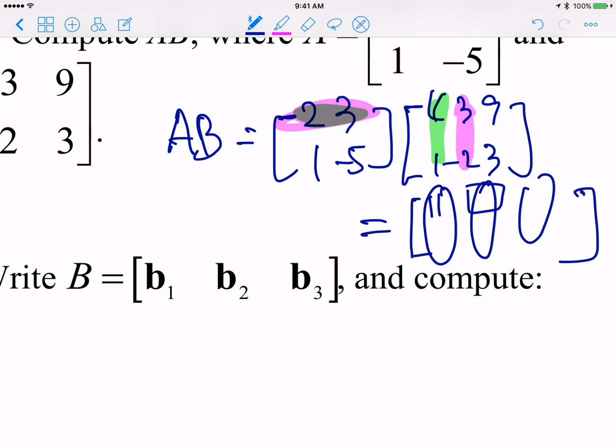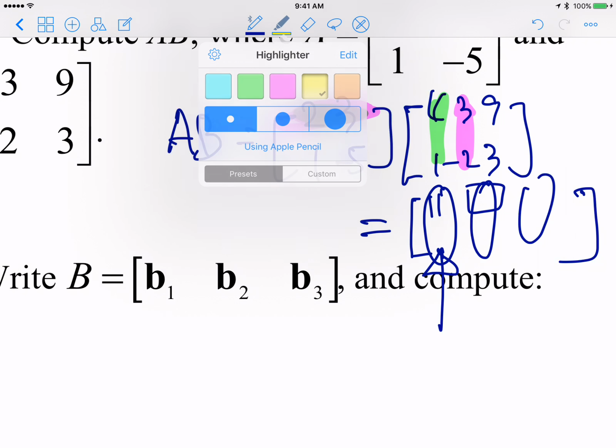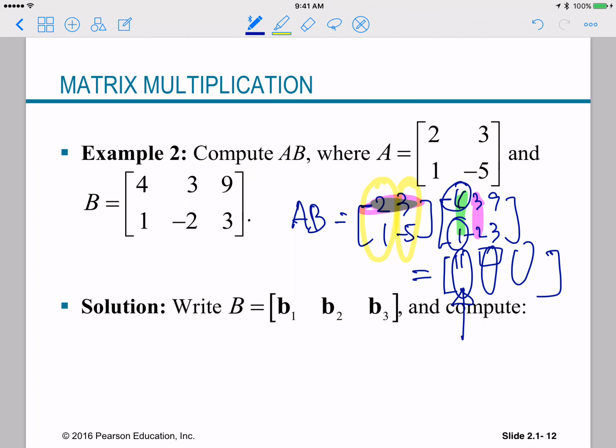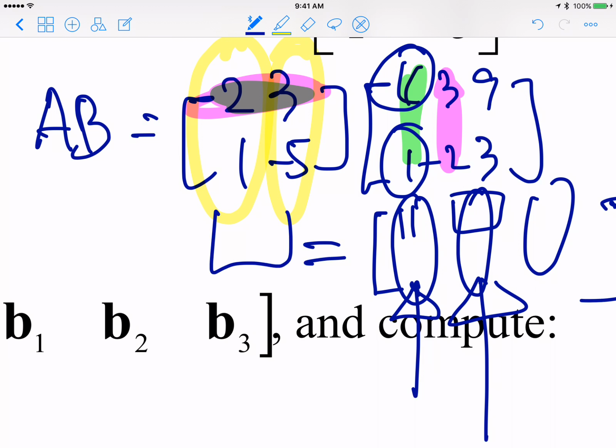But from the insights that we learned in the previous slides, we know the first column is the linear combination of the columns of the original matrix A, using the linear combination coefficients of 4 and 1, right? And then what is the second column? It's still a linear combination of the columns of A, but using different coefficients, which are found in the second column of matrix B. Okay?